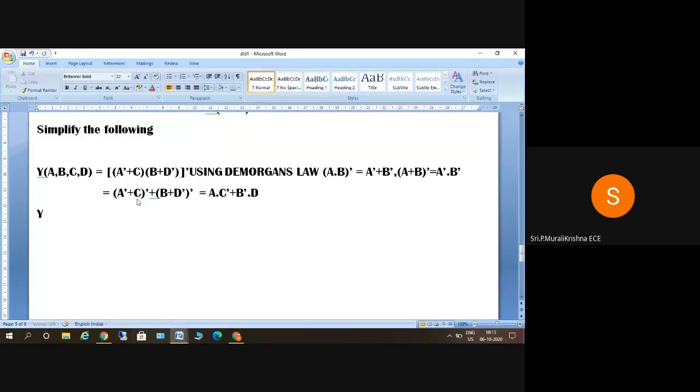Okay. Let's do the second one. Y of A, B, C, D is equal to (A plus B) whole bar into (A bar plus B bar) into (A bar plus B bar) whole bar.